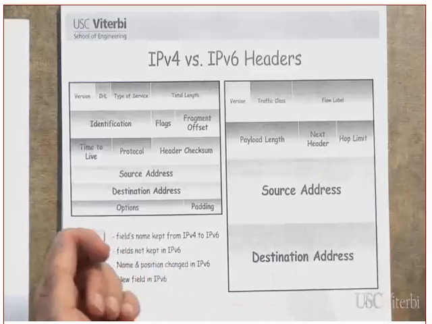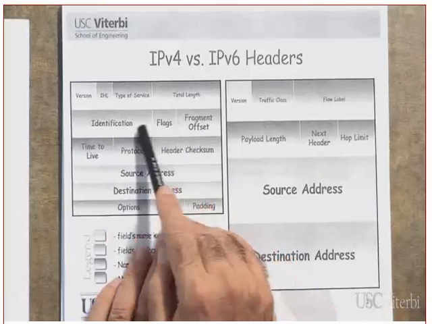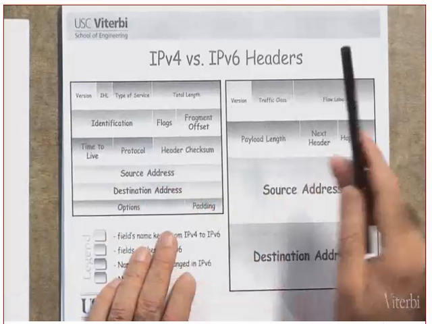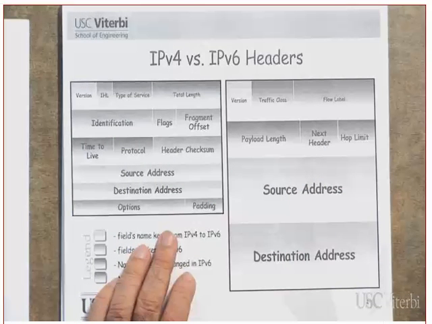In IP version 4, both the source and the routers can fragment the packets. In IP version 6, only the source can fragment packets. They wanted to speed things up across the internet, so fragmentation is not allowed in the routers. It's only done by the source. Clear? So the entire row was removed.